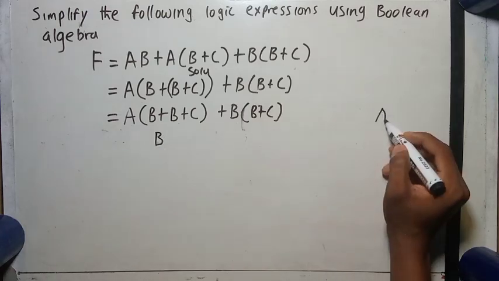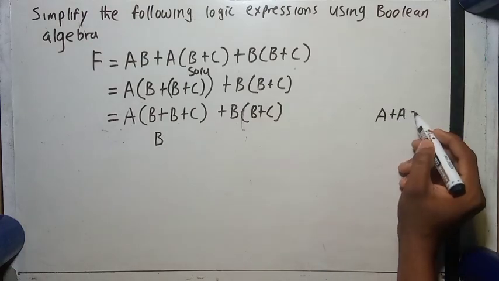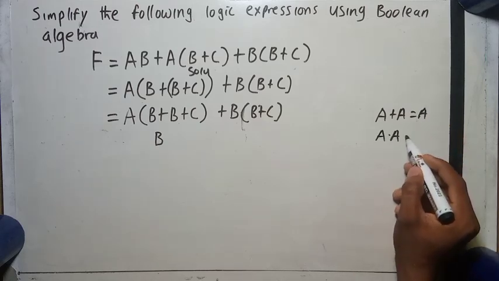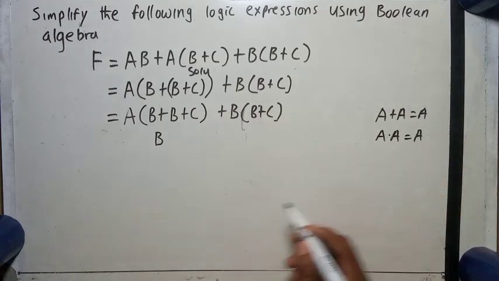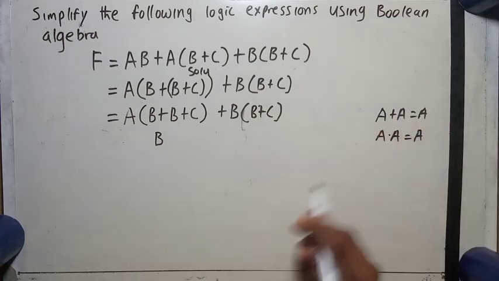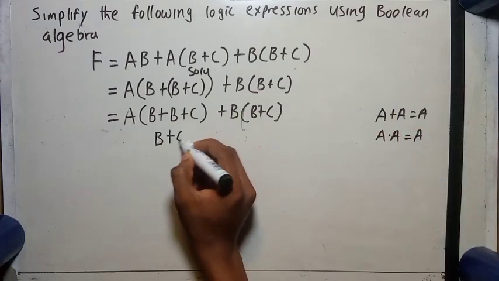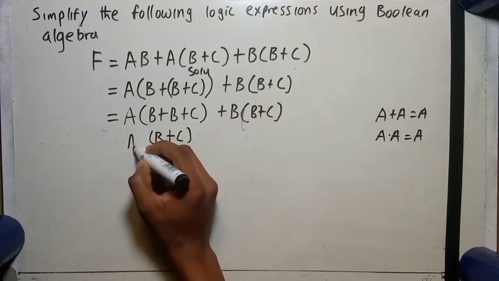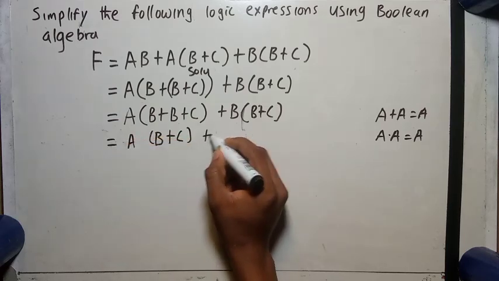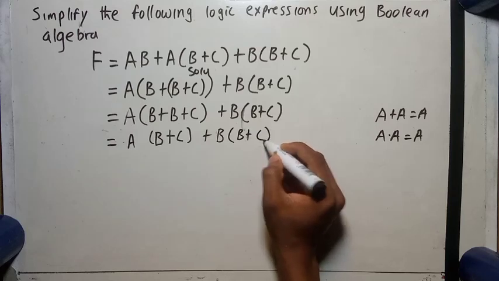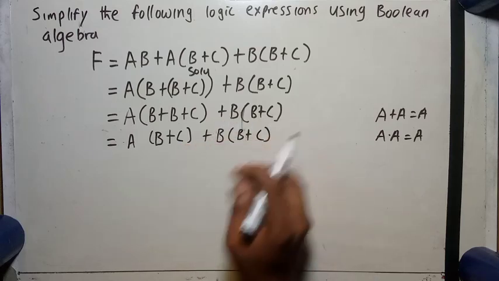Remember when we said a plus a gives us a, the same thing as a times a also gives us a. So as long as they're like terms and they are adding or multiplying, we just collect one. So this plus c, plus b plus c. These are like terms.